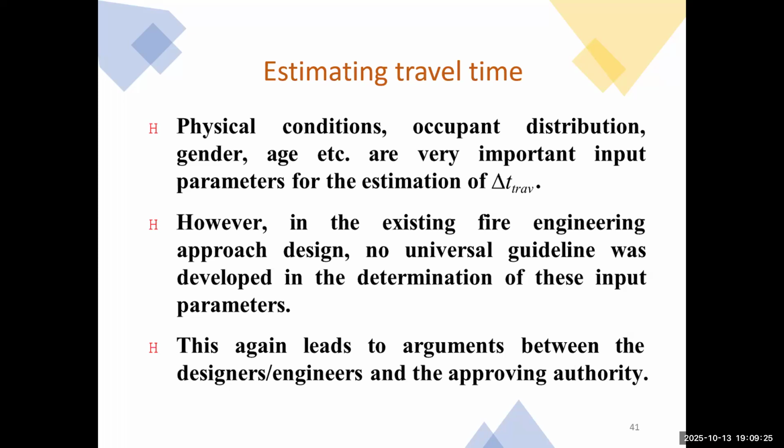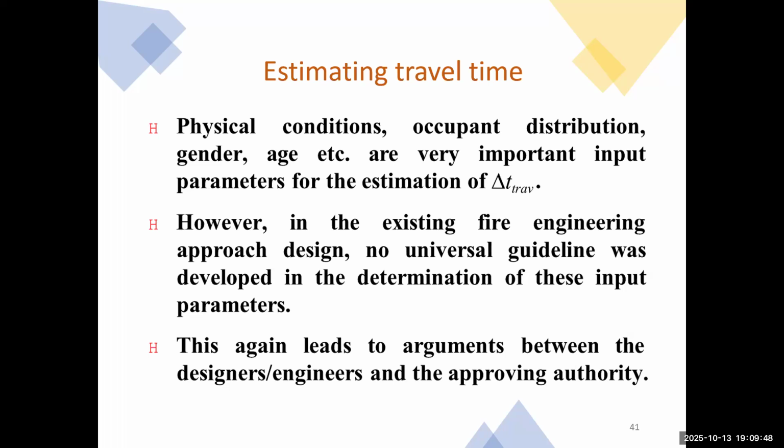Okay, so after that, we understand the ASET and the RSET. That is for our quantitative analysis. And based on the quantitative design review and also the quantitative analysis, it is the basic outline for BS 7974.